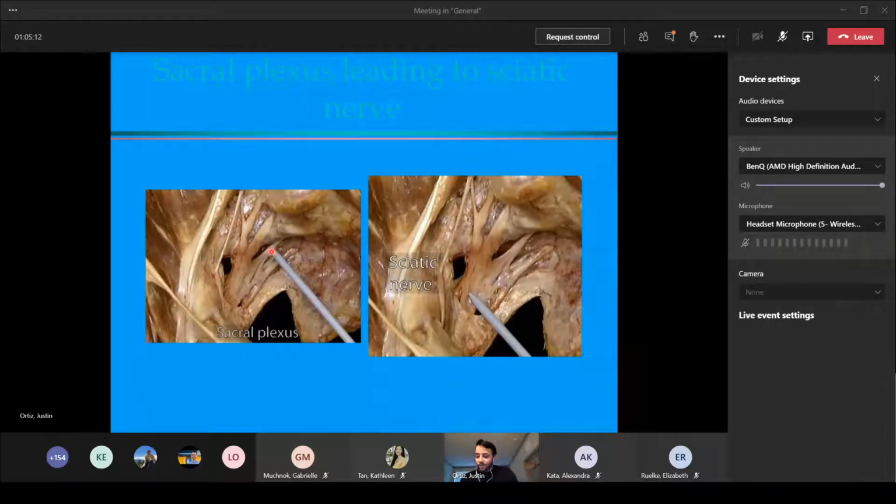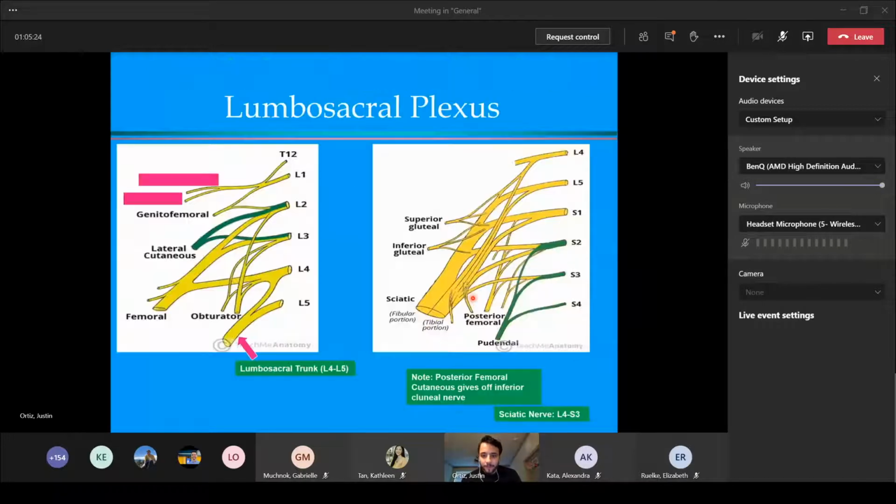So here is going to be the sacral plexus. When he points at this, for example, that's sacral plexus. But when he points at this, it's the sciatic nerve. This ginormous thing is the sciatic nerve, right? But if he points at anything over here, it's sacral plexus, a bunch of nerves that are just coming out of the spinal cord.